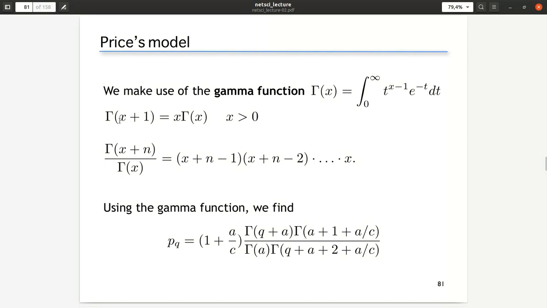For this function in particular, it holds that gamma(x+1) is equal to x times gamma(x). And gamma(x+n) divided by gamma(x) is just this multiplication here. So it turns out that after doing some tricks, p_q can be written in this way, now using the gamma function.